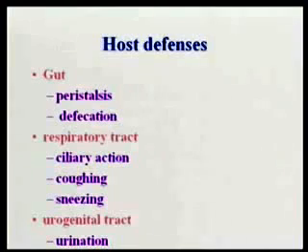For example, peristalsis and defecation are ways of removing bacteria from the intestinal tract. The respiratory tract has ciliary action, coughing and sneezing as a way of trying to remove things. In the urogenital tract, urination is a way of washing out bacteria. But remember, bacterial pathogens are very well adhered. They're stuck.